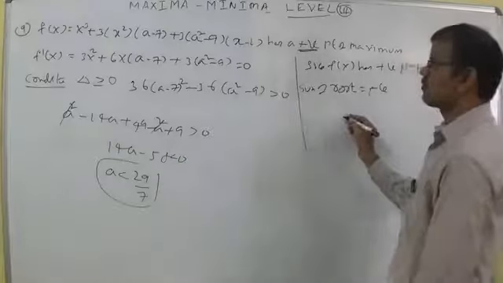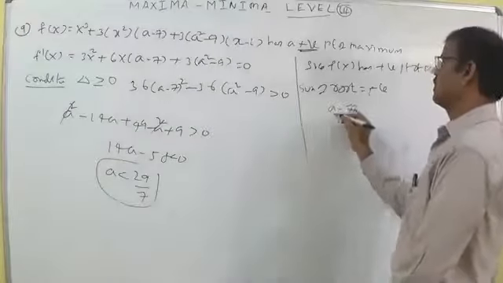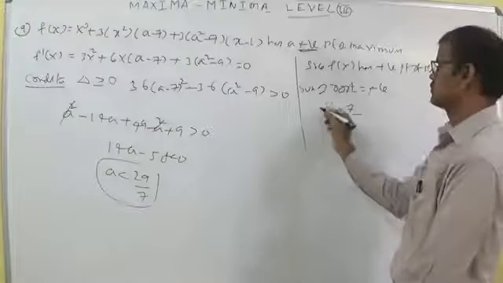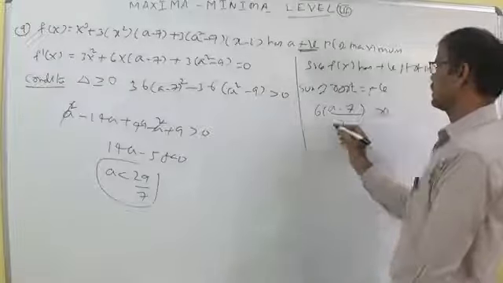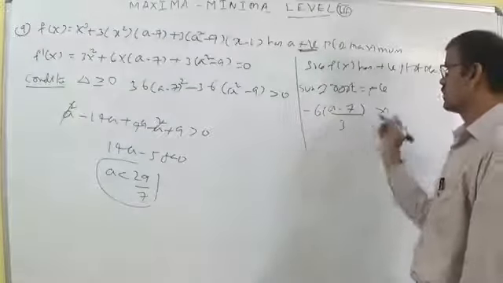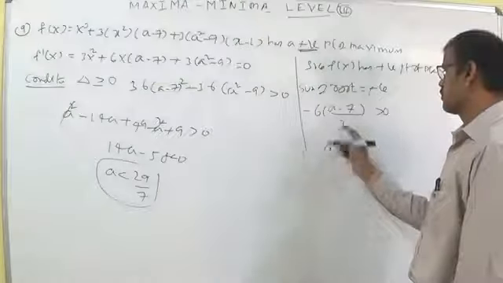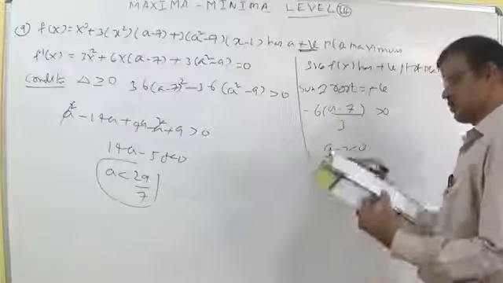Sum of roots formula is minus b by a. So a minus 7 by 3, so 6 into a minus 7 by 3 greater than 0, that too minus. Minus a by b, taking minus that side, a minus 7 less than 0, it becomes a less than 7.